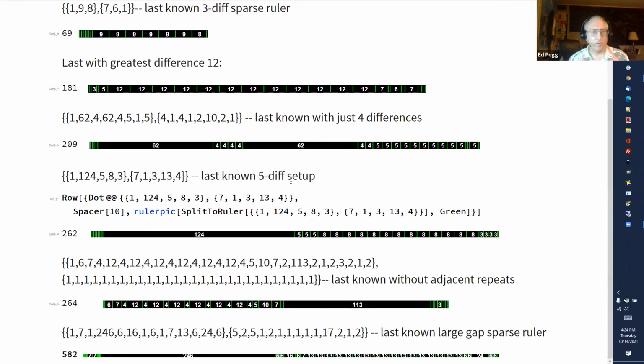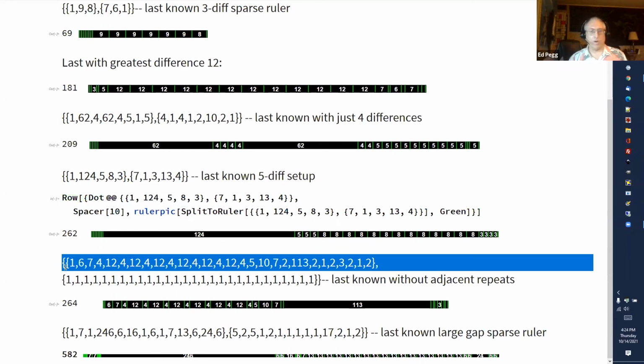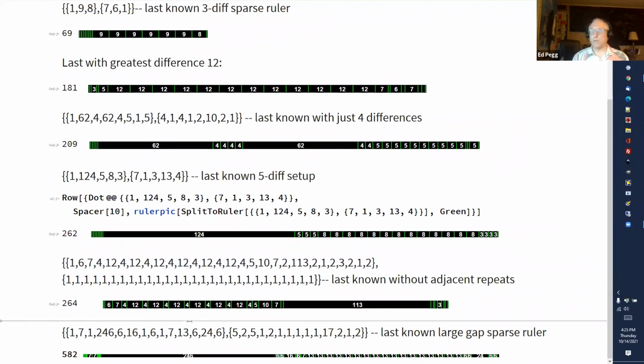Here's the last one known that has 5 differences in the split form. It has length 262. Here's the last known ruler where no adjacent values repeat in the difference form. Whether there's another one of those is unknown.